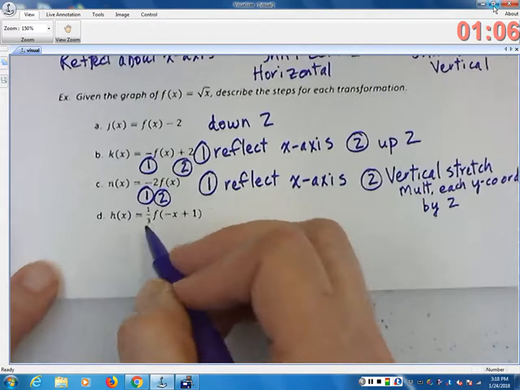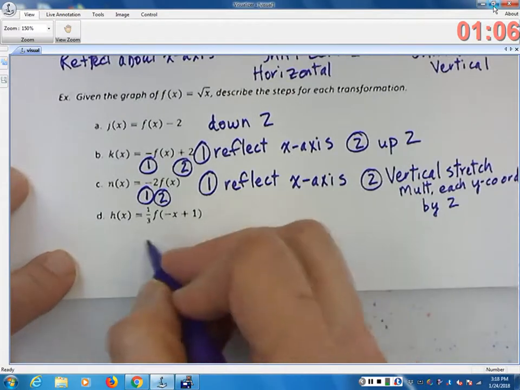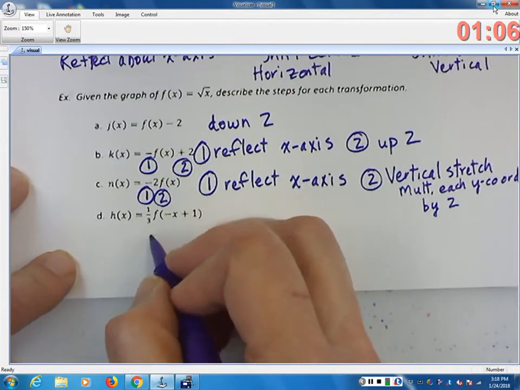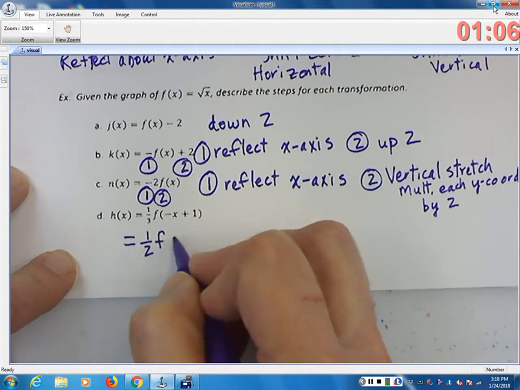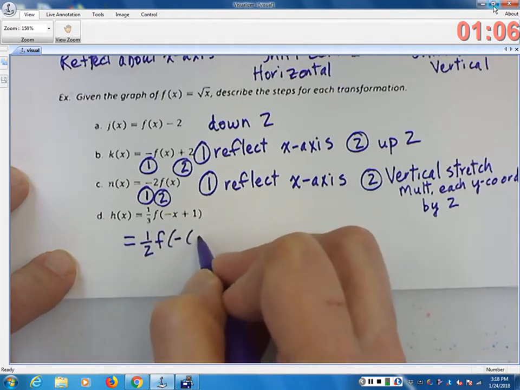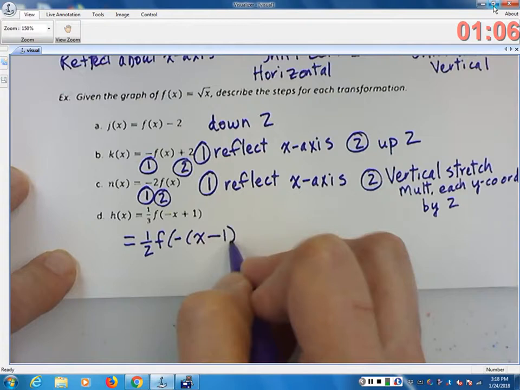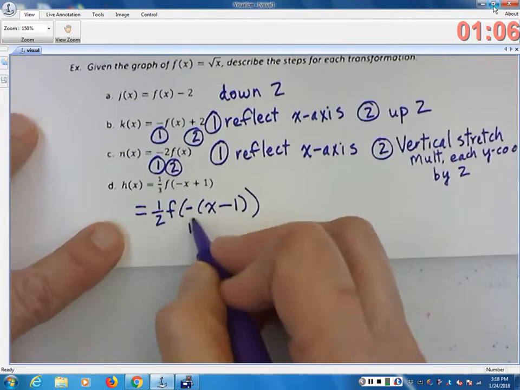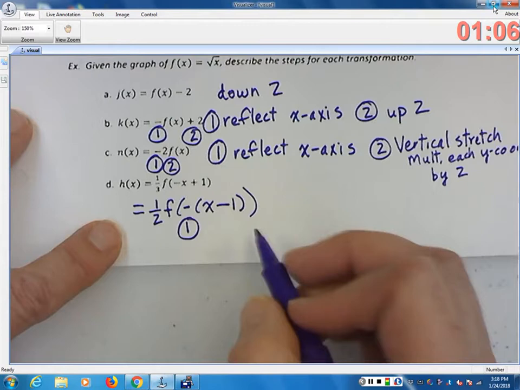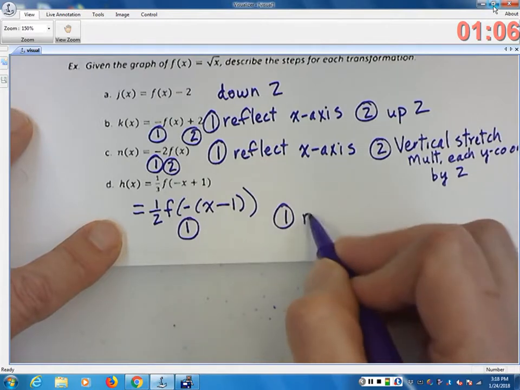Okay, and this last one is, you want to rewrite this as 1/3 f of negative x minus 1. Now we can do our reflect about the y-axis.